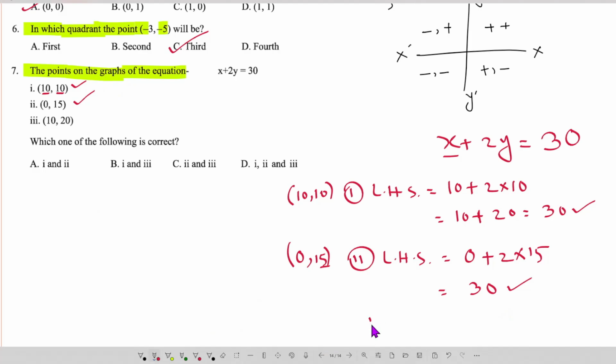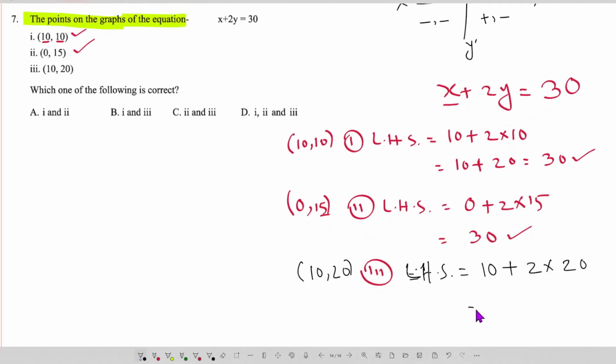Now 3, which is 10 and 20. So x equals what? Left hand side, x equals 10 plus 2 times y, here 20.